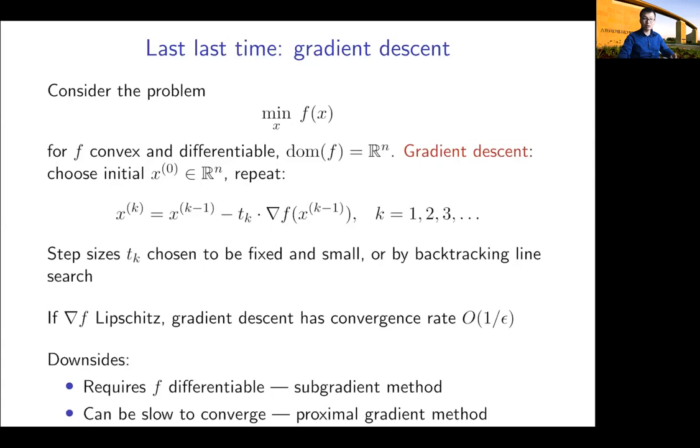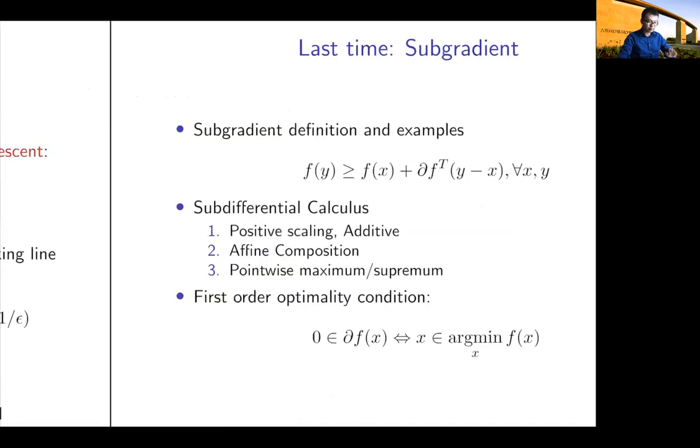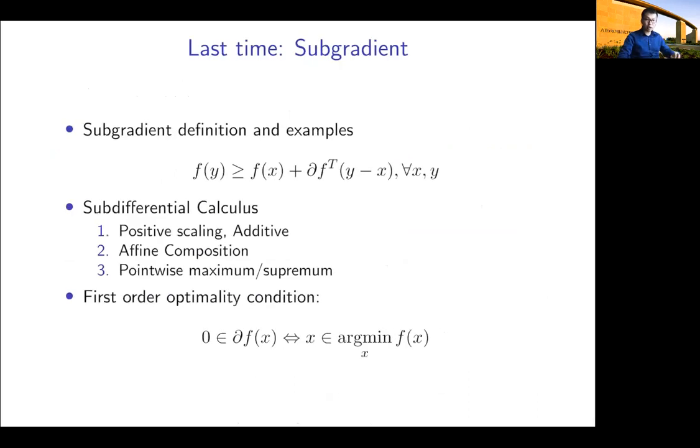So you now have the necessary theoretical underpinning of what subgradients are, and now we can make use of it to start constructing algorithms. Okay, so just a quick recap of the last lecture. We introduced the concept of subgradient and subdifferential.